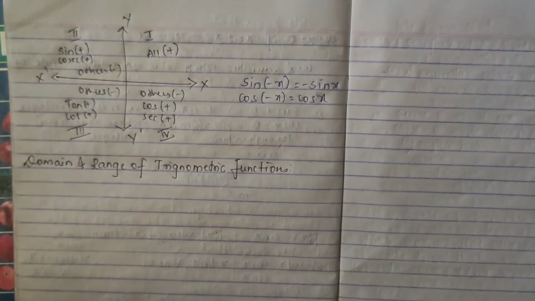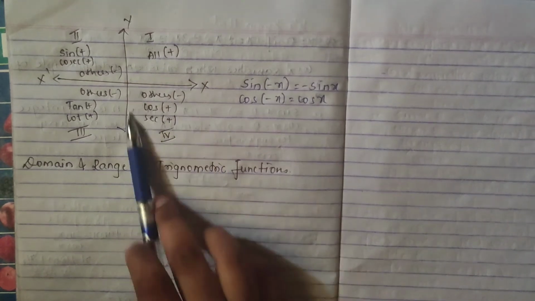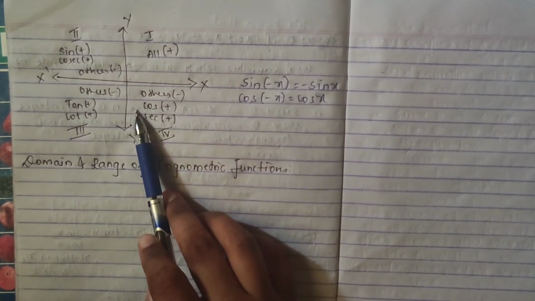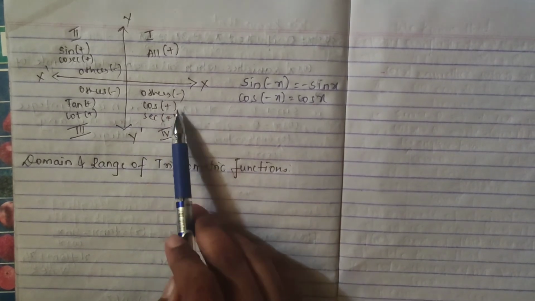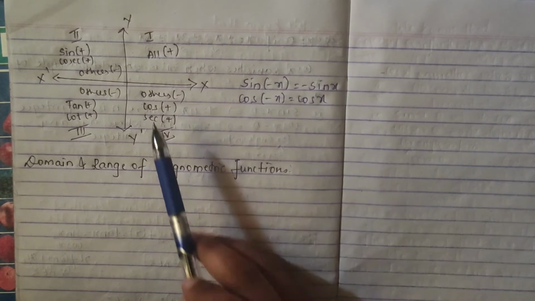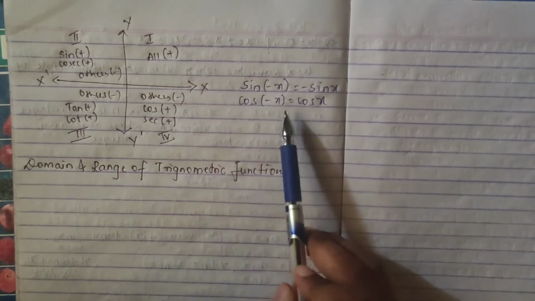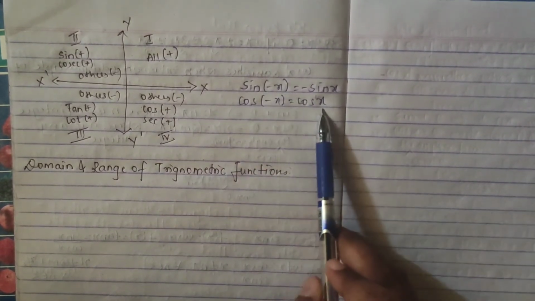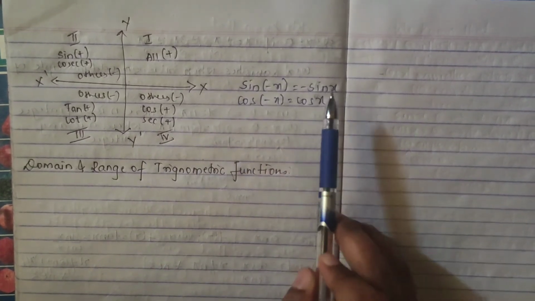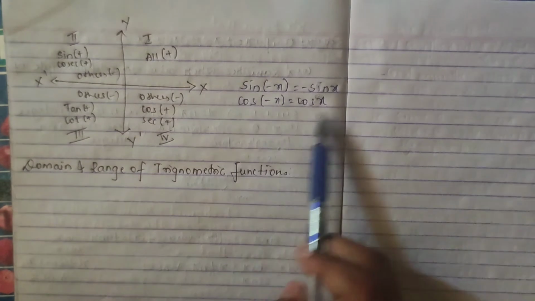And here in your fourth quadrant, if you take cos of minus x, it will be positive. Why? Because in this your cos is positive and related to that sec is also positive. So cos of minus x will be equal to cos x, but sine of minus x will be minus sin x. So just note it down because it will be helpful in problems.